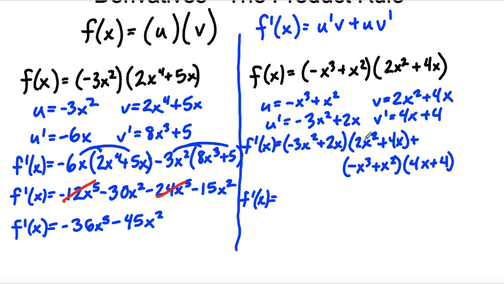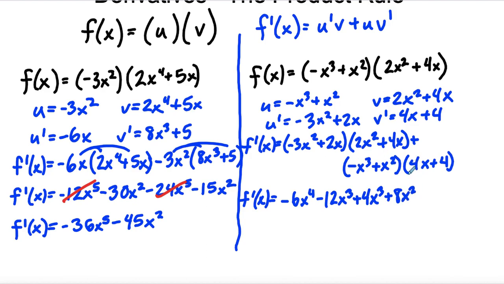Negative 3x squared times 2x squared is going to give us negative 6x to the fourth. Then I'm going to multiply negative 3x squared times 4x, which gives us negative 12x cubed. Now I have plus 4x cubed right here, and then plus 8x squared. I'm going to keep going.